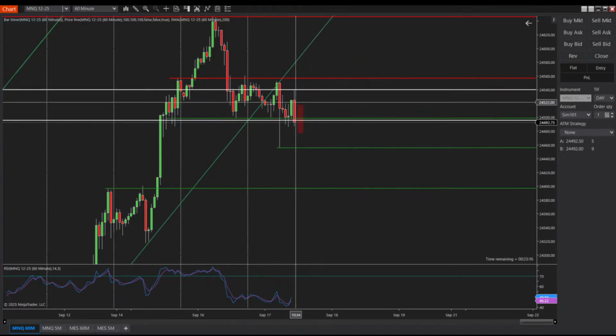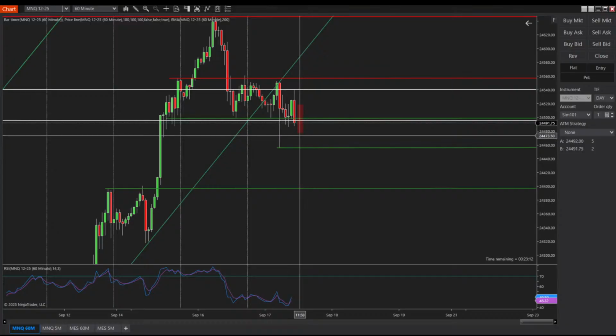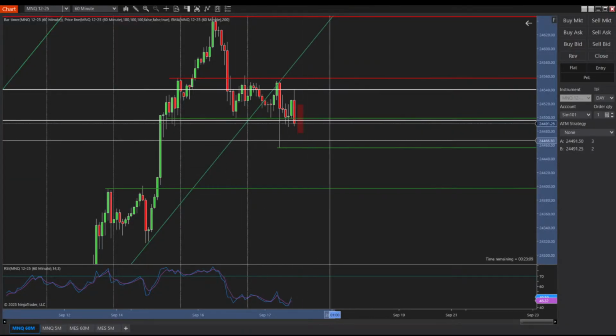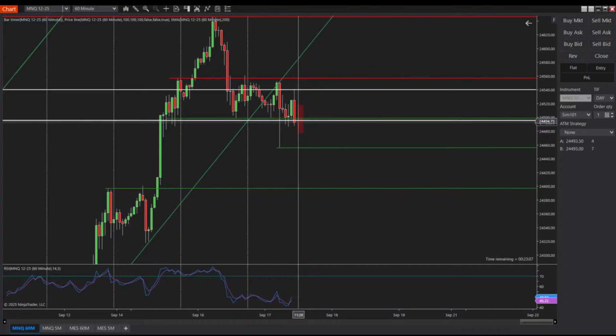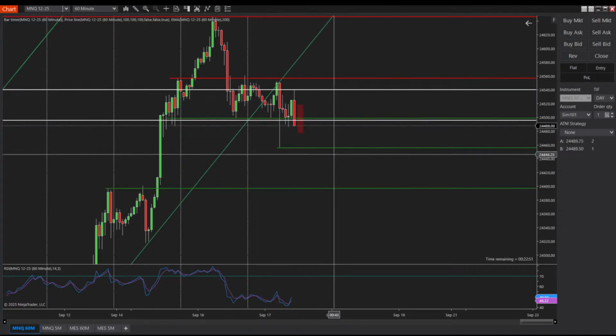And now we're expecting a potential move down because we broke this channel, and now we're looking for sells below this support right here that's been holding price up. Usually you want to see some kind of break and retest to short this.